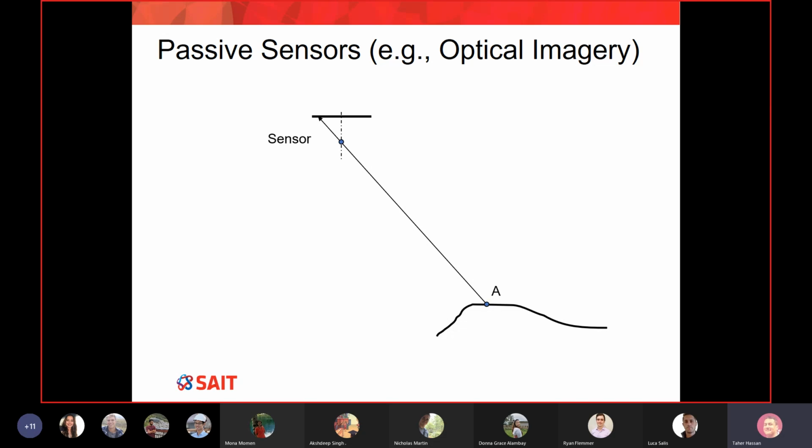For example, I'll take you to some application. What if I do a survey inside a mine or tunnel? Can I use photogrammetry when I survey a mine or tunnel?